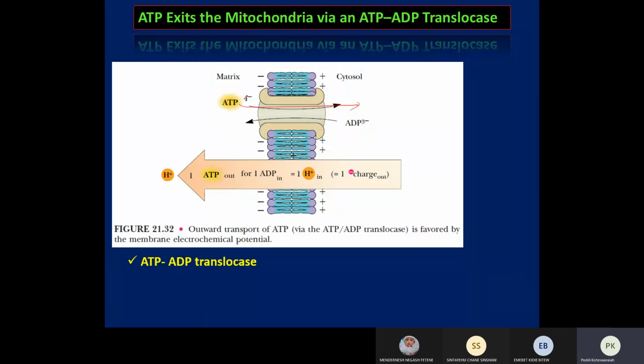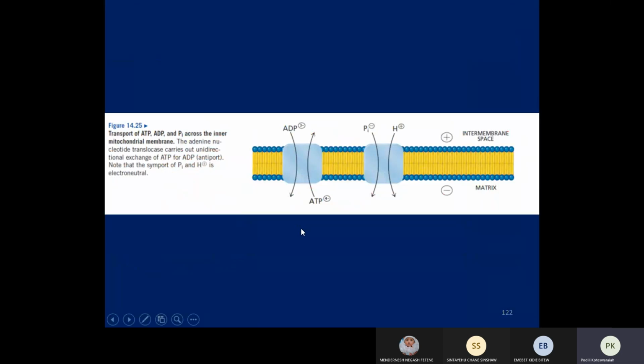During this process, you can see here ATP has 4 negative charges, whereas ADP has only 3 negative charges. So there is a charge difference. And in order to compensate for this, one more proton also enters from the intermembrane space into the matrix by another transporter, that is the phosphate-proton symporter.